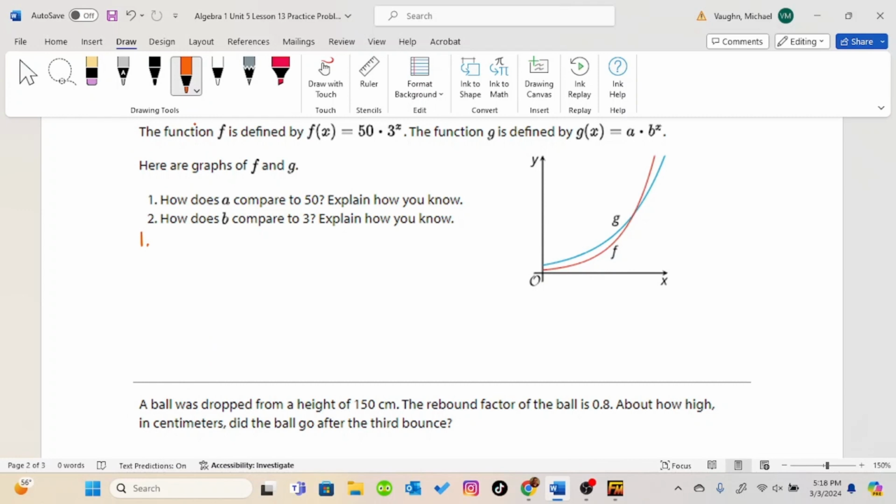So f of x is the red line, and we see that it is lower than the starting point of g, which would be a.